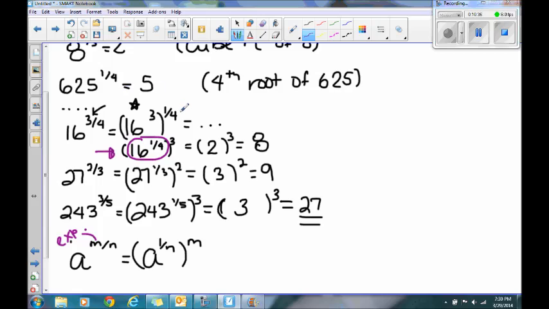This 3 meant we cubed something. And then the bottom number of your fraction is always your root. I got to take the 5th root of a number, the cube root of a number, the 4th root of a number. And you can do these operations in either order. It doesn't matter, but again, it's going to make the problem shorter if you do the root first and then raise your answer to that exponent, the top number of your fraction.